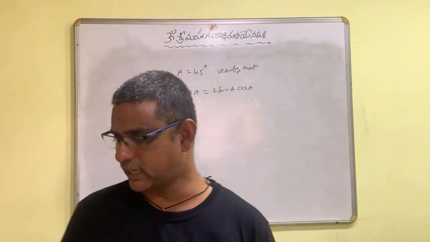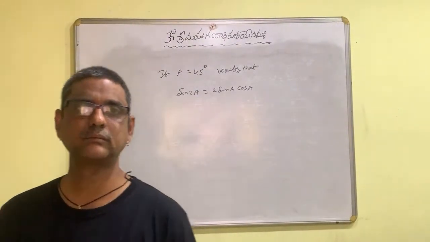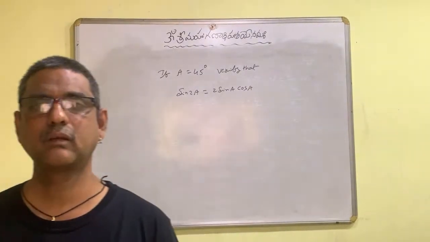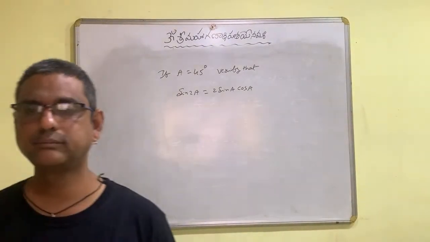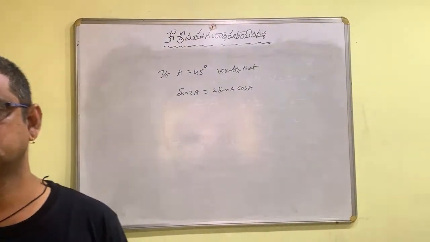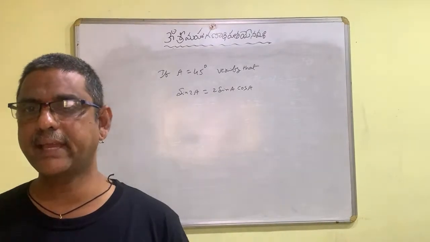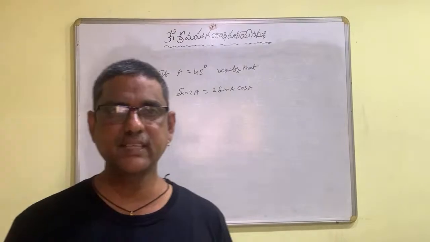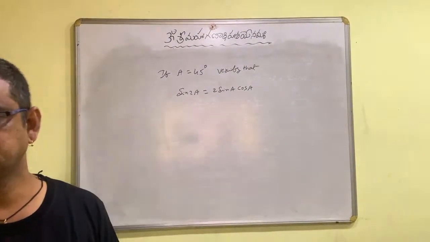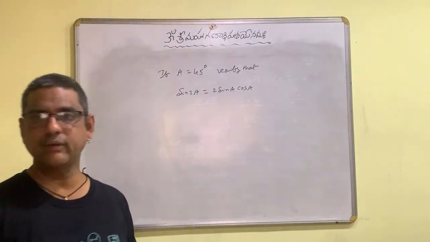What is angle A given? 45 degrees. Very good. Then what is twice of angle A?